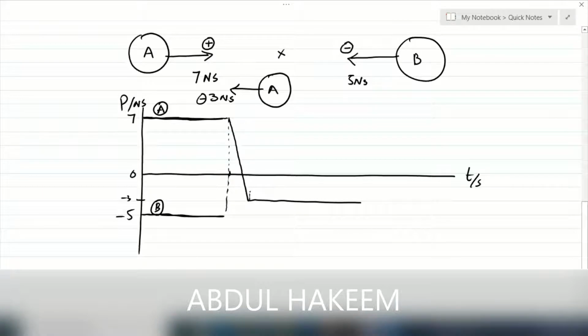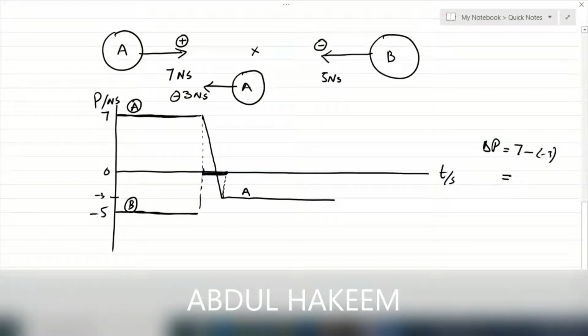And this is suppose the time when the collision ends. This is the end of the collision. So this gap is the duration of the collision. So what is the change of the momentum of A? This is the final momentum of A. So the change of momentum of A is 7 minus minus 3. It means the total momentum change is 10.